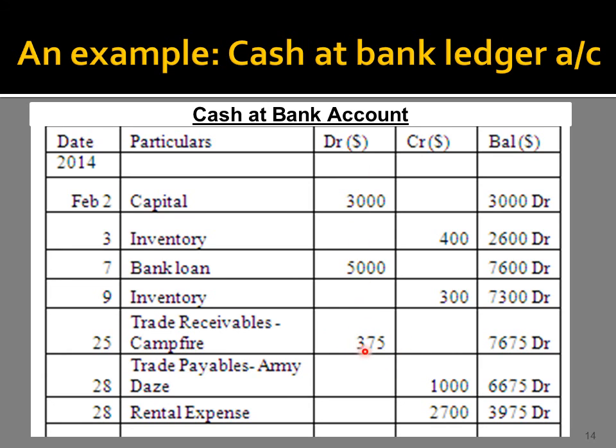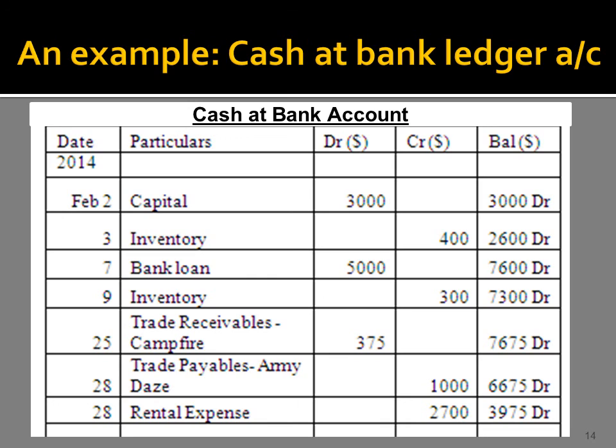So when the cash at bank account has increased and you see a credit customer name here, it means that the customer has paid the business $375 by check. Therefore, the cash at bank account is debited, or increased, by $375.